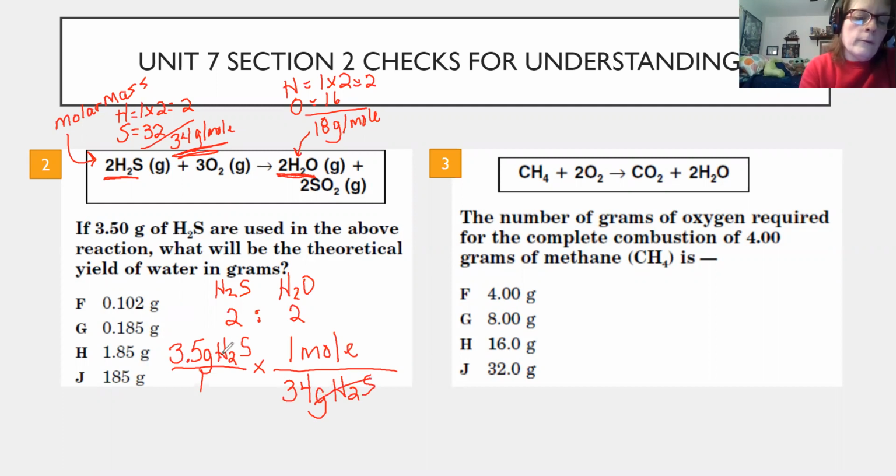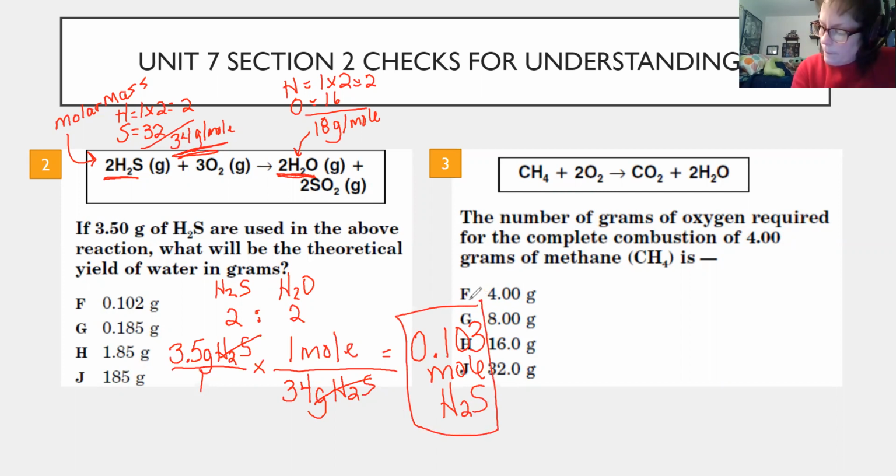We can cancel those out. And that is going to give us, if you plug that in a calculator, 0.103 moles of H2S is what we're working with.